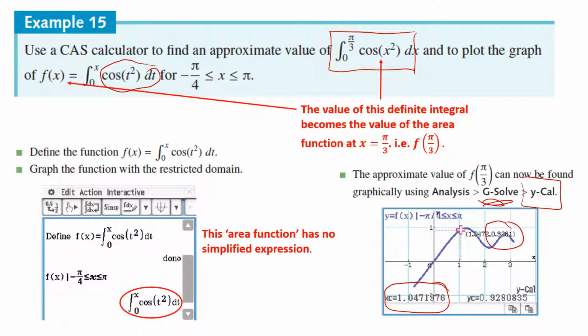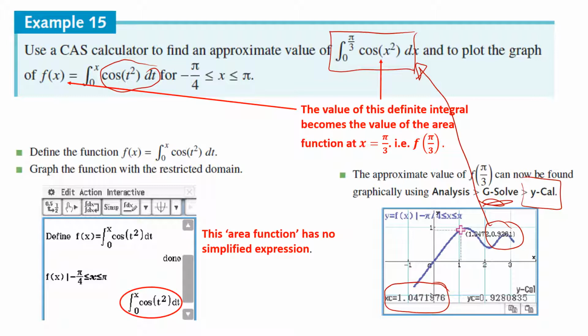And that would be equivalent to what you should get when you just whack that into your CAS directly. So it's working out, it's a net signed area graph, and it's telling you the net signed area when x hits pi on 3 under the curve y equals cos x squared.